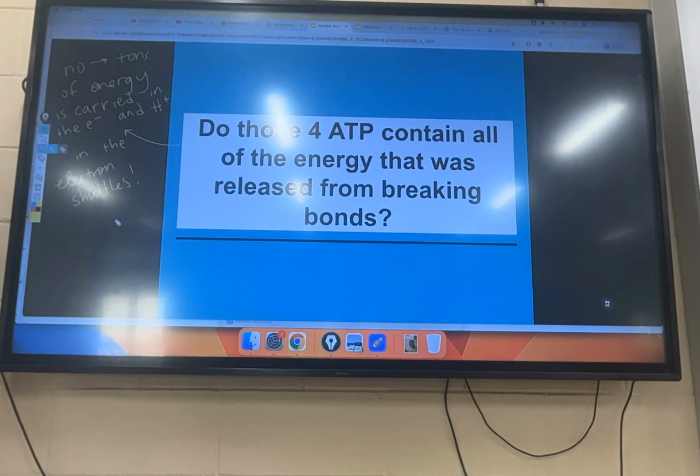So we have all this unused stuff that we have moved into our shuttles that needs to do something. We need to do something with it. We've made a ton of these shuttles. The exact number is not super important, but it's more than 4 ATP. We made a lot of these things.